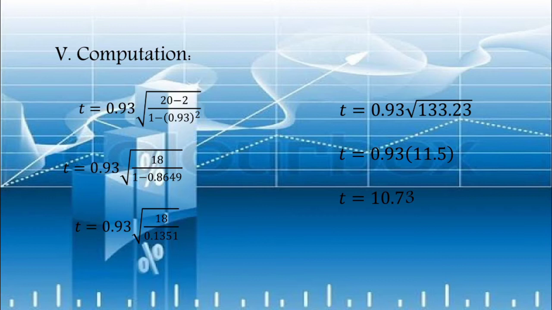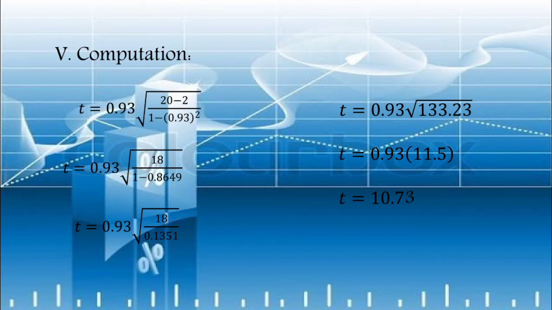Next, t equals 0.93 times the square root of 20 minus 2, which is 18, over 1 minus 0.93 squared, which is 0.8649. Then t equals 0.93 times the square root of 18 over 1 minus 0.8649.